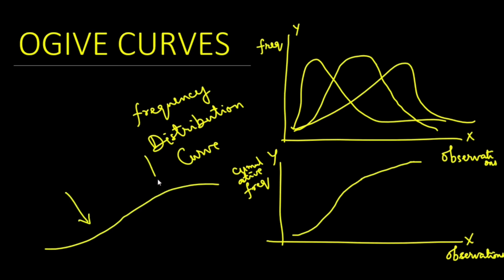When we look at it from this direction, here we get a concave shape and here we get a convex shape.